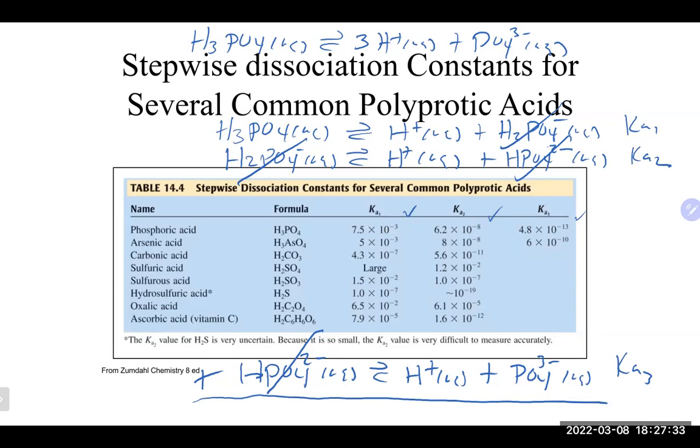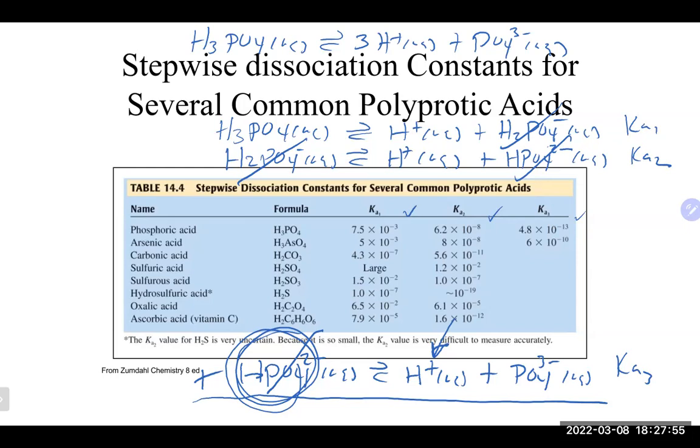Small K value means mostly reactants, which in this situation would mean we're basically hanging out over here. Not very much of this is coming off at that point. So as that Ka value gets smaller and smaller, less of the acid will come apart, which means it's much harder to get rid of that third hydrogen.